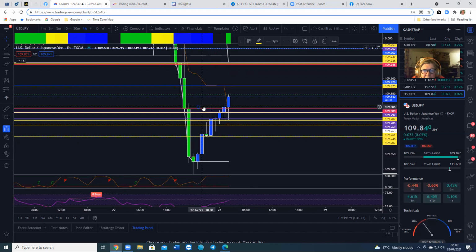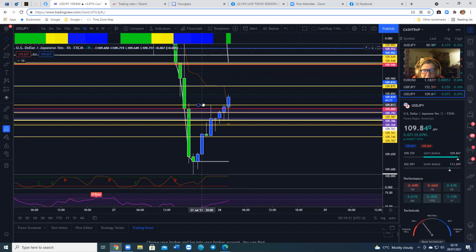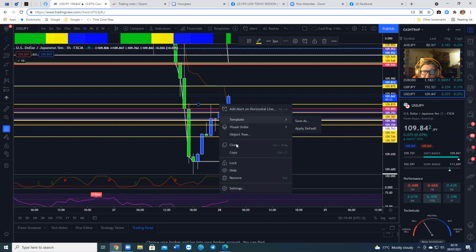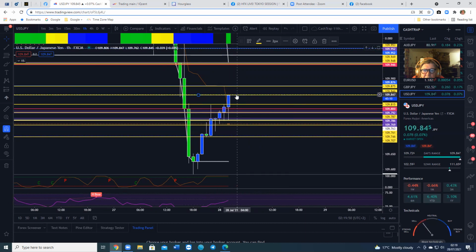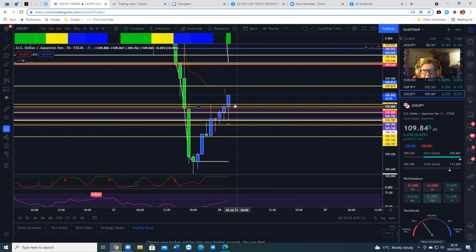I'm going to put it on the high of that candle, and then if I clone that, I'll move that to the open of this one where we took the trade. That's my levels on the hourly.